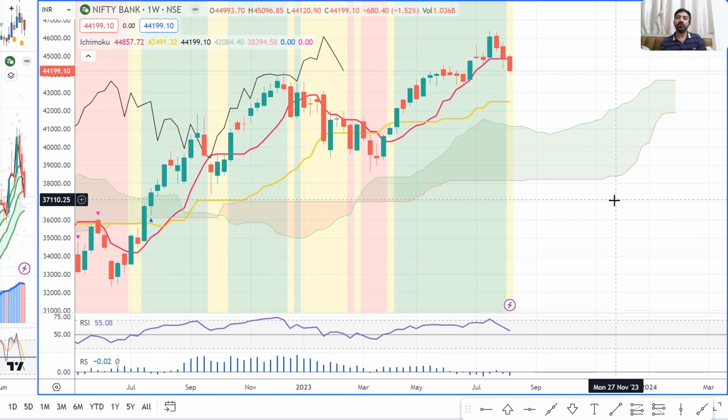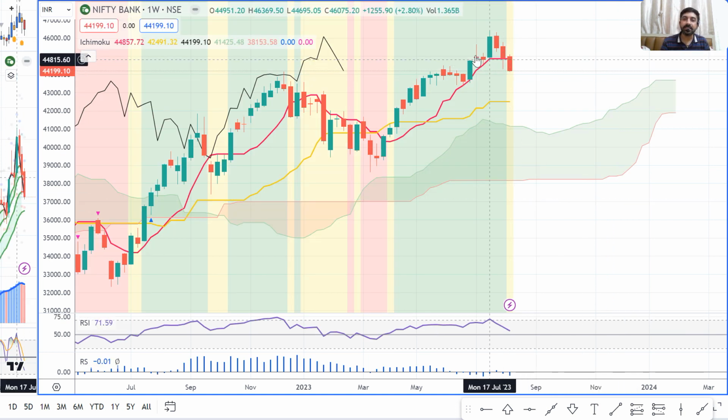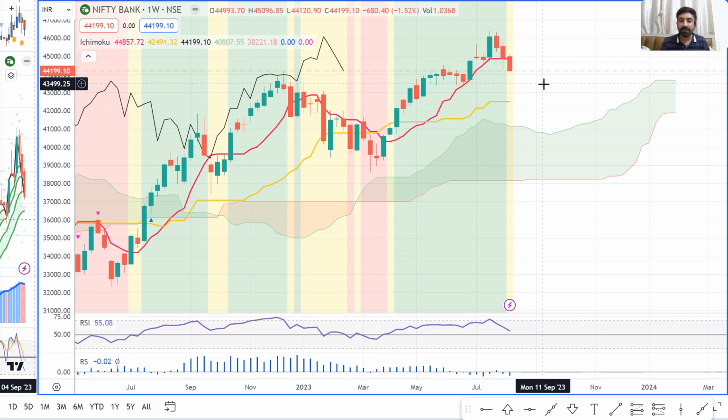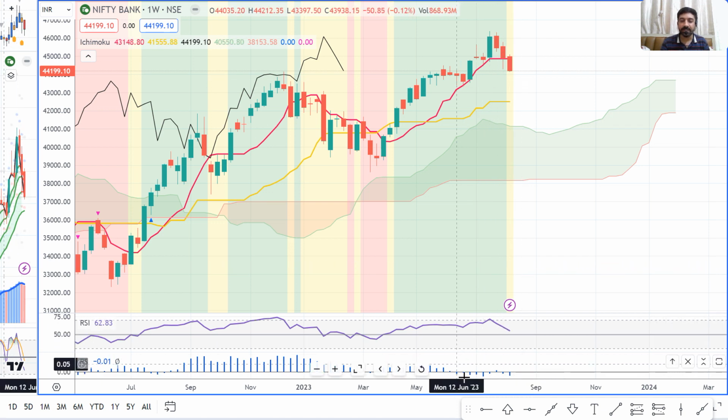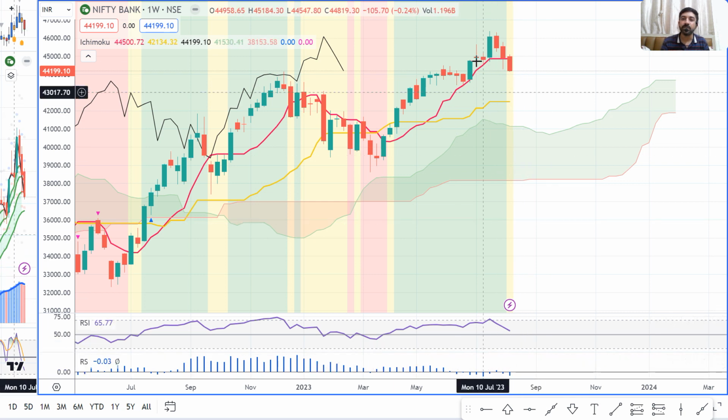Bank Nifty, on the other hand, is relatively getting weaker. If you see the RSI readings, you will see negative readings in RSI. Even RS is showing negative readings, which suggests that the banking sector is not doing so strong.